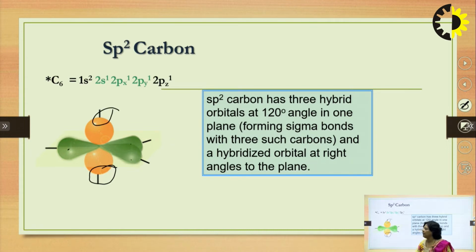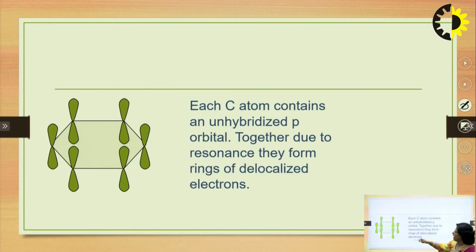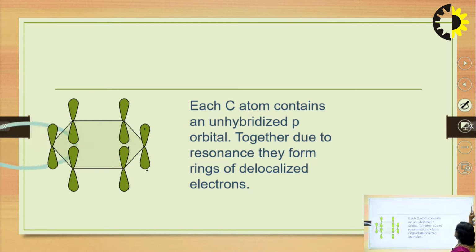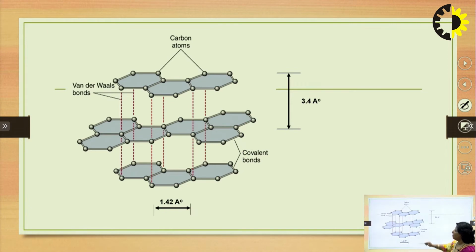1, 2 and 3 bonds are hybridized and form the sigma bonds. So overall it forms a hexagonal ring, a cyclohexane-like ring. Upper p orbital and lower p orbital are free, with the help of delocalized electrons. Now this is the wholesome structure which we have to draw in the exam.